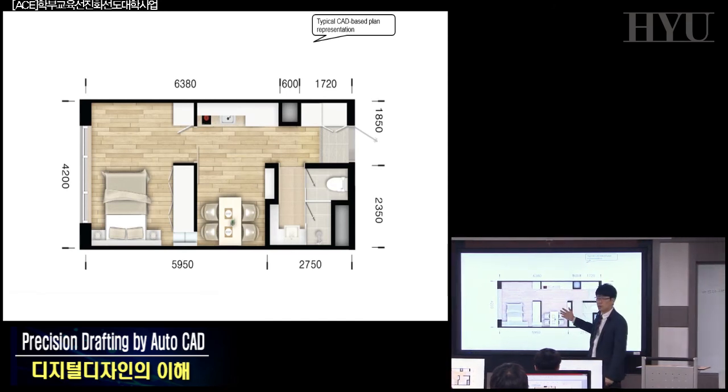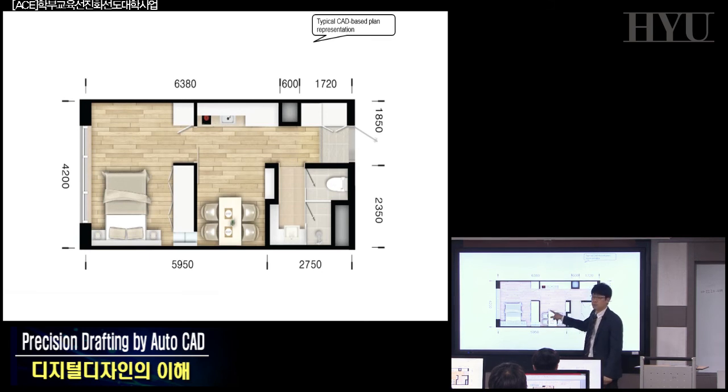And take a look at the proportional scale. The size of this table is kind of human scale. If you draw a very small table or too big a table, it's not going to be suitable for this kind of space.